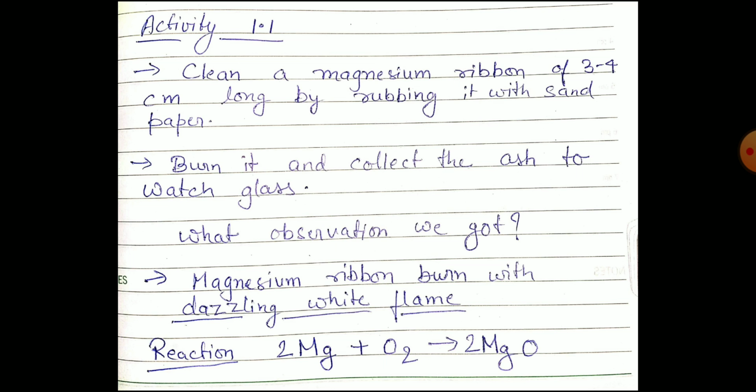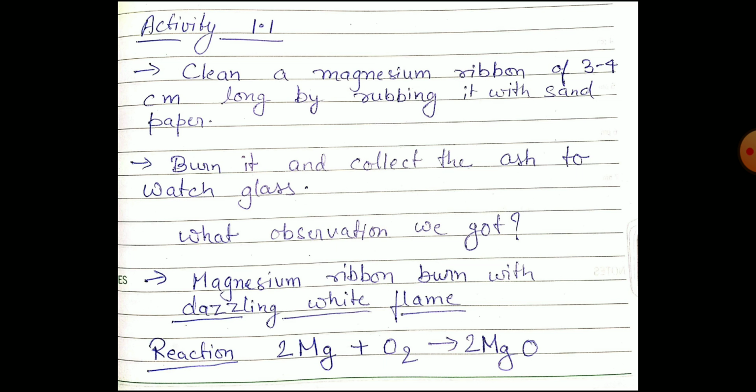The first activity they have given is to clean a magnesium ribbon of 3 to 4 centimeters long by rubbing it with sandpaper. You can use sandpaper for cleaning if there is any oxide on the magnesium ribbon. Now burn this magnesium ribbon and collect the ash on a watch glass.